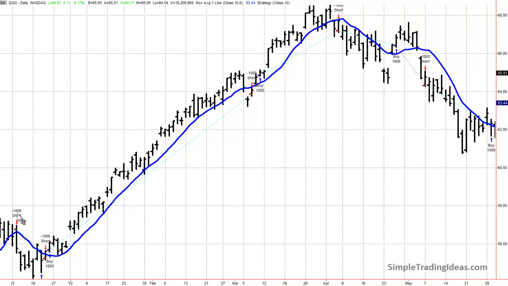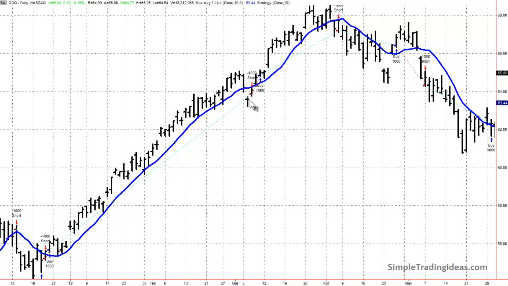Minus means we were short 1,000 shares, and you can see short right there. Buy, the blue up arrow, is for being long or buying. And we rode up here. It's a nice uptrend. This is what you always like to see when you're using a trend indicator such as the moving average.